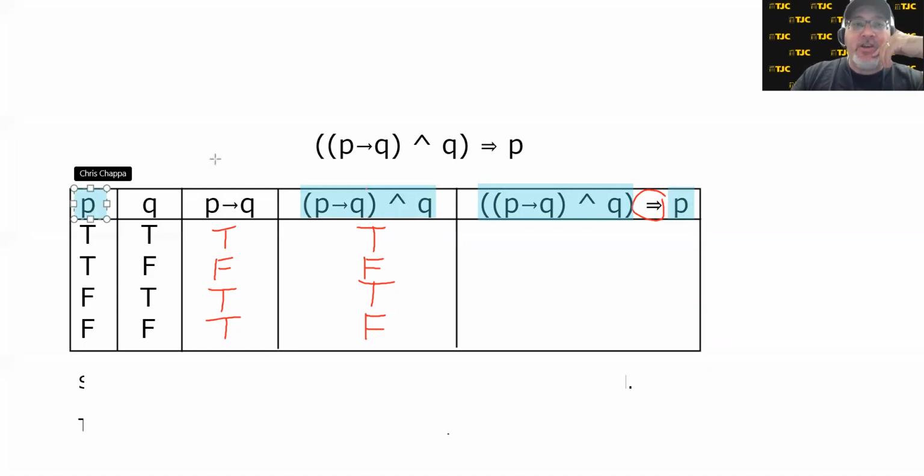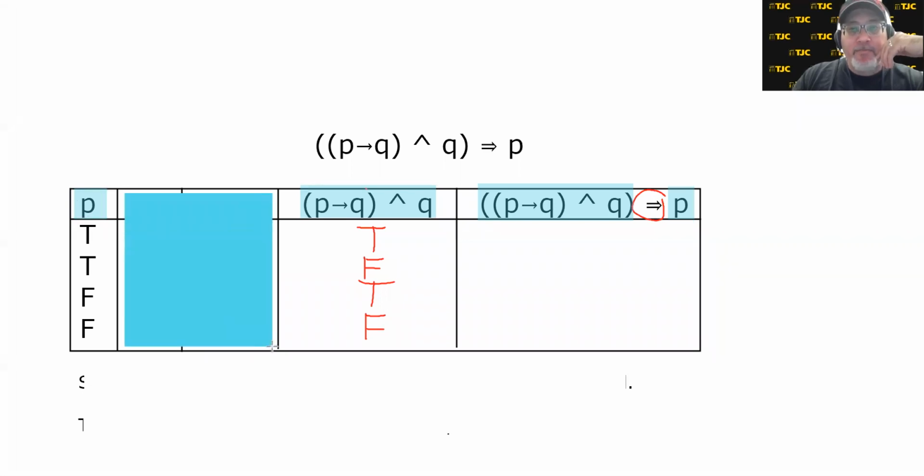We got all this stuff in the middle obstructing our view, so I'm going to cover it up for now. And to make matters more interesting, the implication is going left to right, but the columns are going right to left. In other words, we need the conjunction of the premises, which is this column, pointing to the conclusion. So we have to point from right to left.